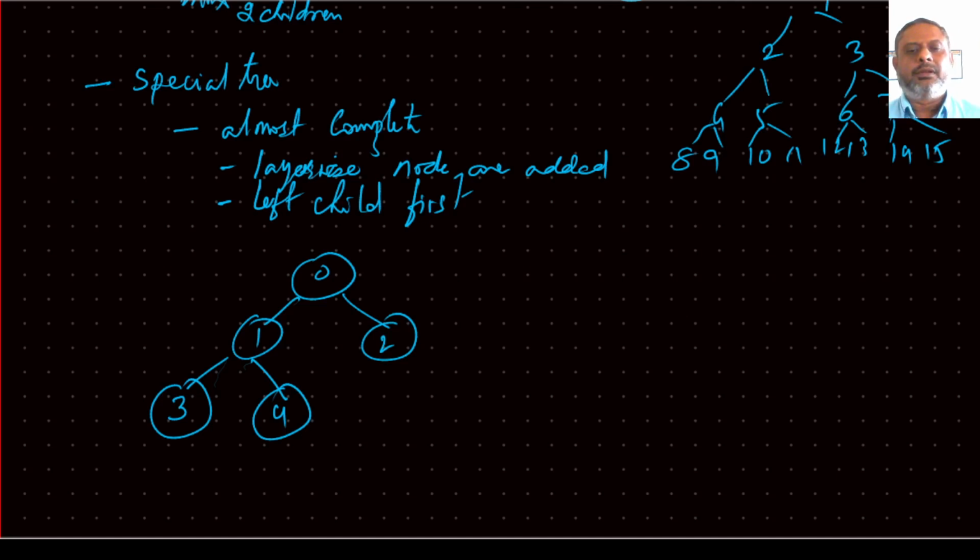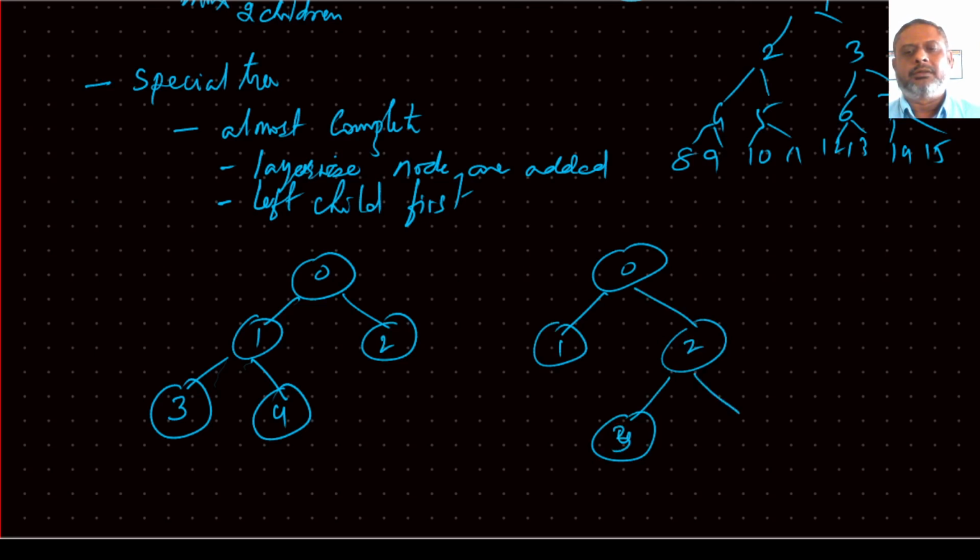Now if there are 5 nodes, then 3 and 4 cannot be placed like this, because the left child has to come first. So they are ordered in this fashion. So this cannot be 8. 8 has to be here only. So the positions of these nodes are fixed.